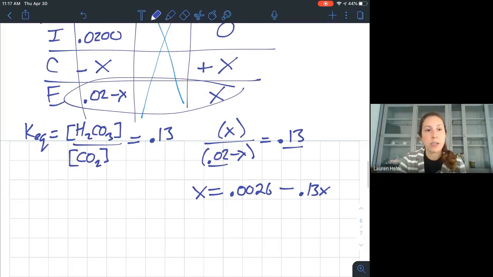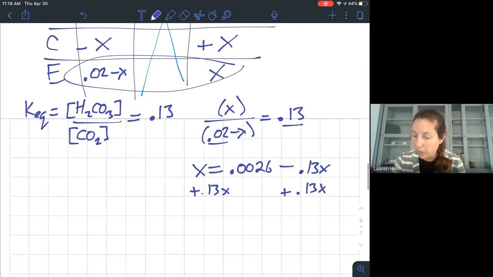Now I want to get all of my X's on one side. And so what I want to do here is I'm going to add 0.13x to both sides.